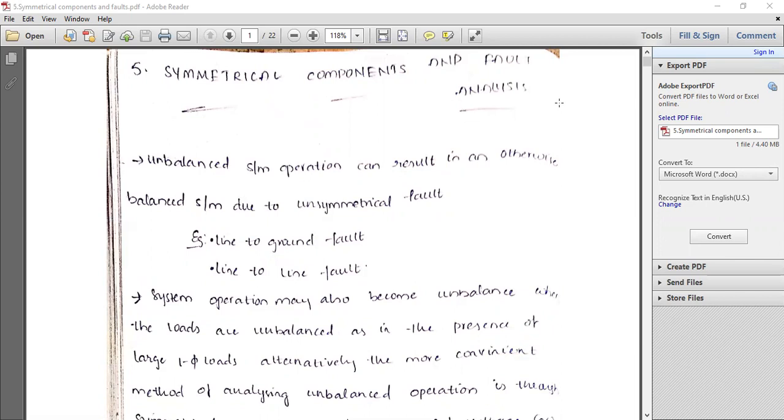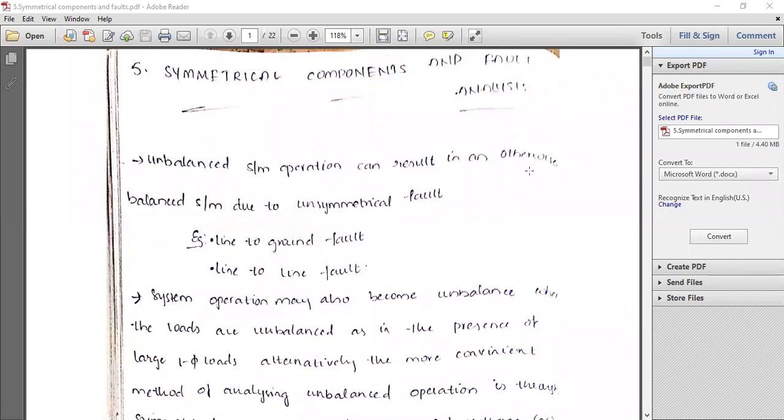What is the main difference between symmetrical fault analysis and unsymmetrical fault analysis? In symmetrical fault analysis, we discussed balanced power systems in which the magnitudes of voltages, currents and the phase angle between the voltage and currents are equal. At the same time, the impedances are also the same in all the three phases. But in unsymmetrical fault analysis, the system may get unbalanced.